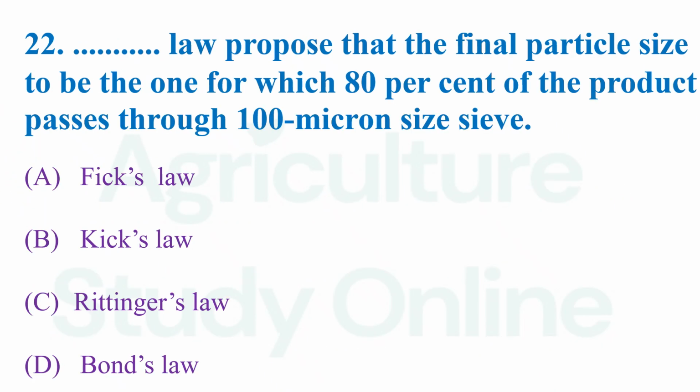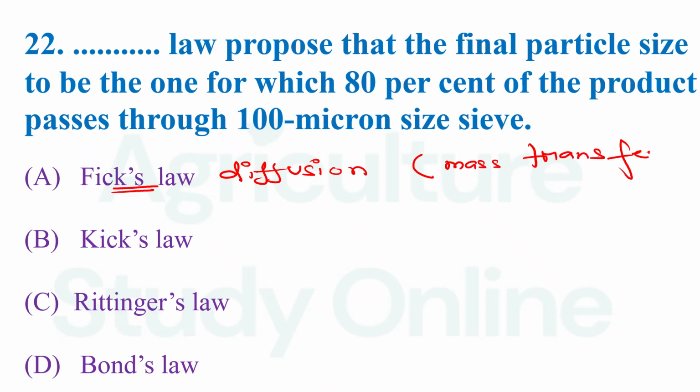Question number 22. The law proposes that the final particle size is the one for which 80% of the product passes through a 100 micron sieve size. Fick's law deals with diffusion, that is mass transfer, the movement of molecules.